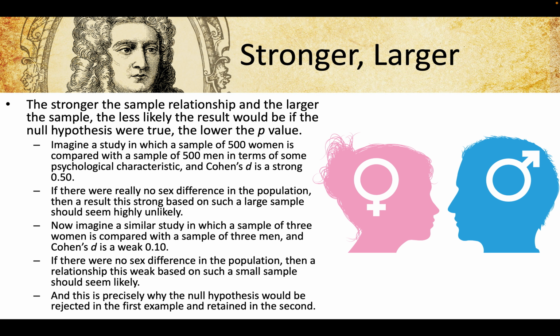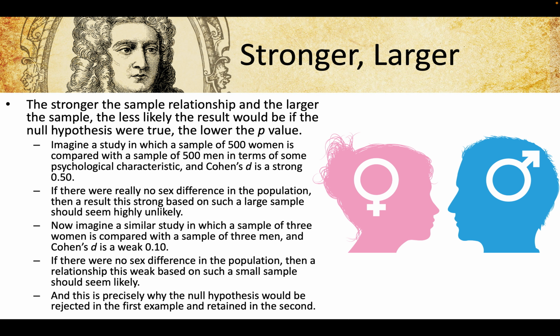Imagine a study in which a sample of 500 women is compared with a sample of 500 men in terms of some psychological characteristic, and Cohen's d is a strong 0.50. If there were really no sex difference in the population, then a result this strong based on such a large sample would seem highly unlikely.